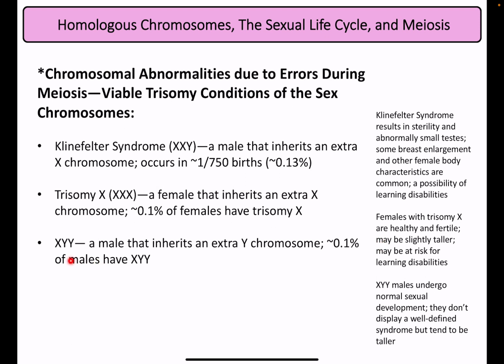A male can have 2 Y chromosomes, and you would never know. Another syndrome where a male has an extra X chromosome has a name called Klinefelter syndrome. They have more female development characteristics and a possibility to be susceptible to learning disabilities.